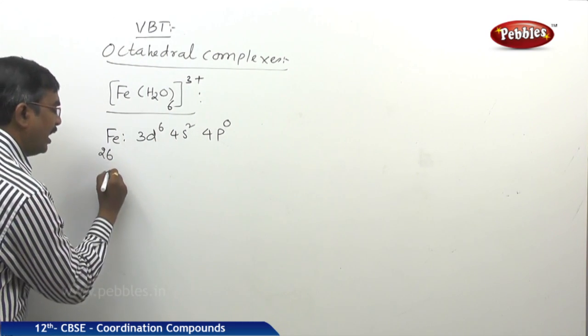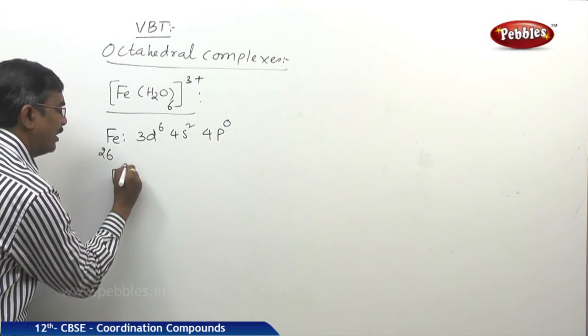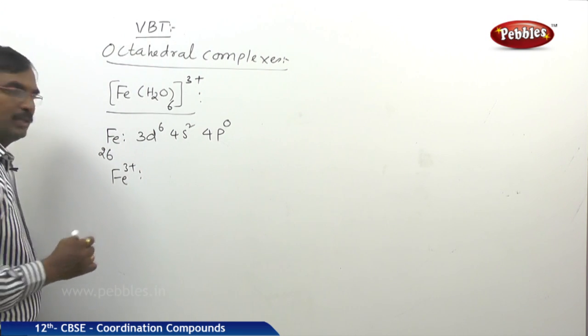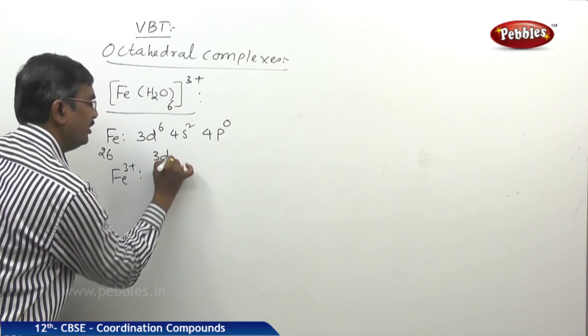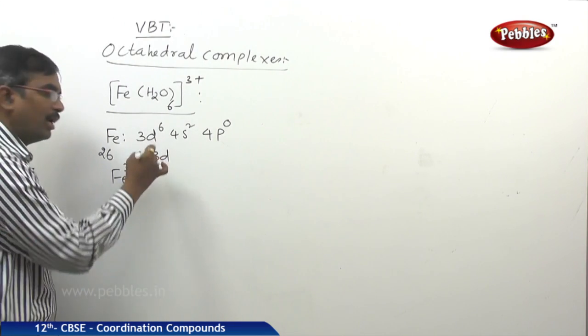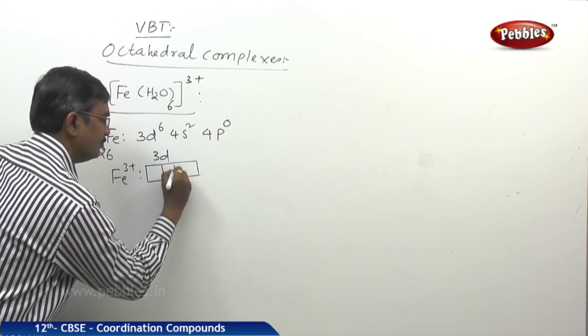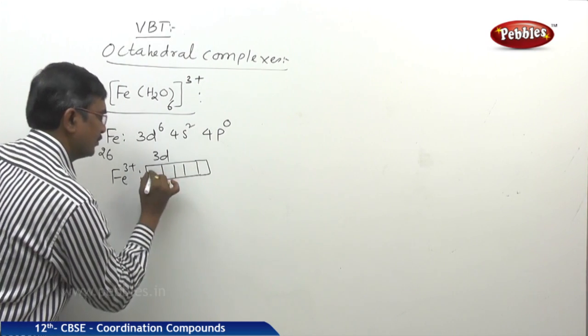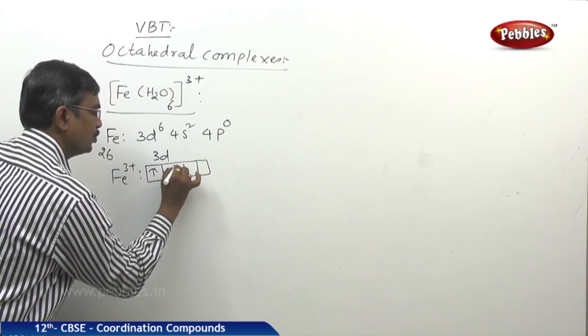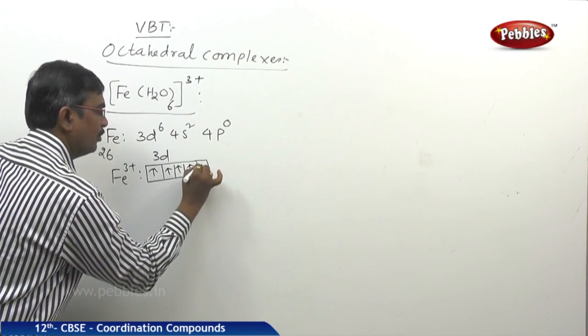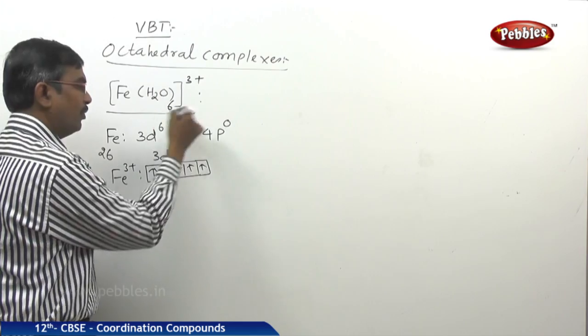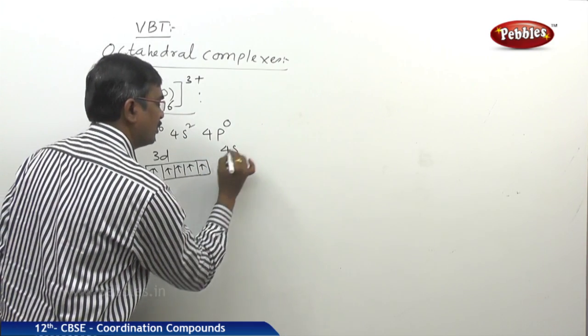That's why iron in plus 3 ionic state has 3d5, because after losing 1 electron it should have 3d5. The same we can represent like this: 1, 2, 3, 4, 5. And 4s has lost both electrons.